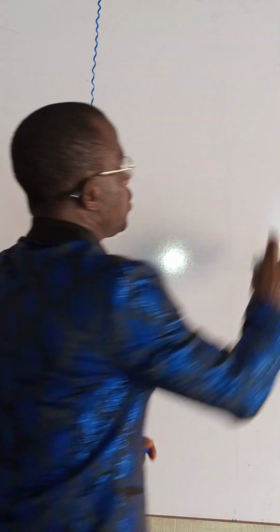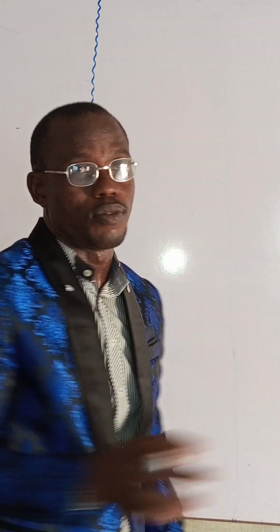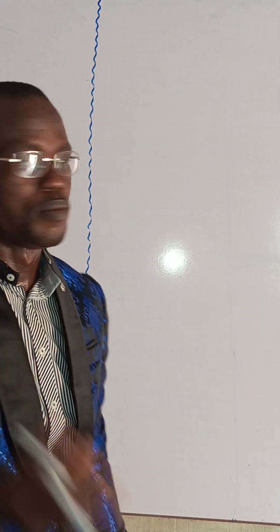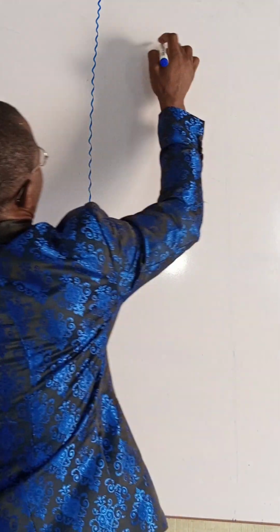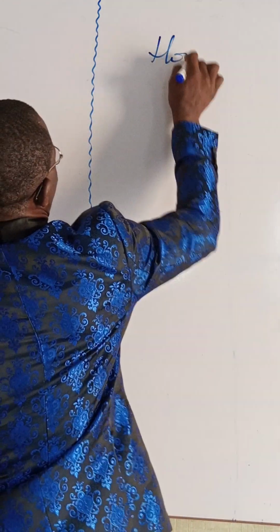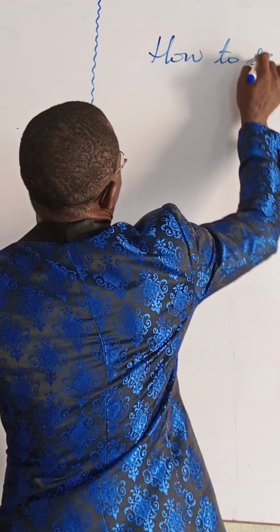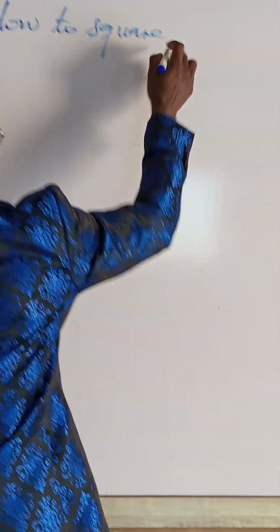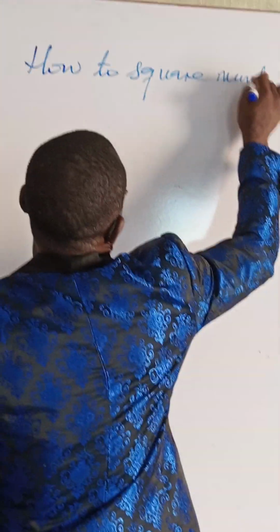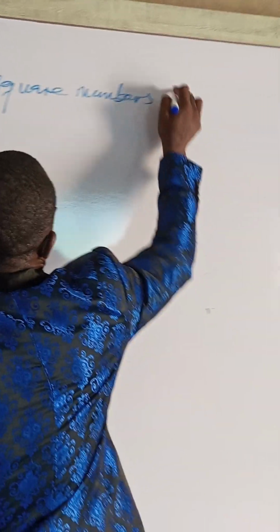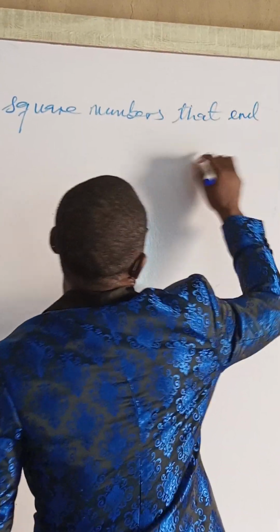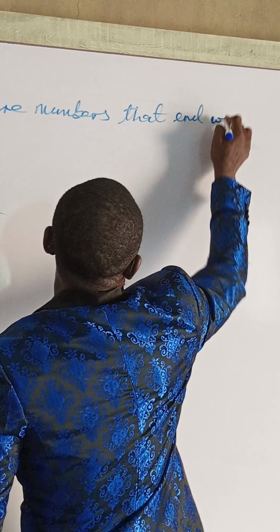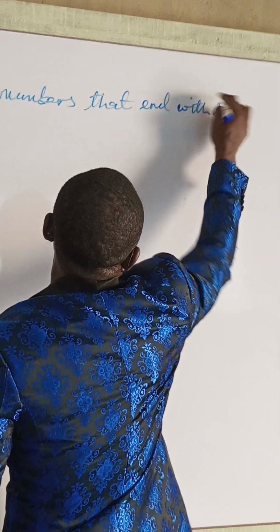So I'll be taking some numbers now that end in 5, and I'll show us how we can quickly find the square of such numbers. So the title once again is how to square numbers that end in 5, that end with figure 5.